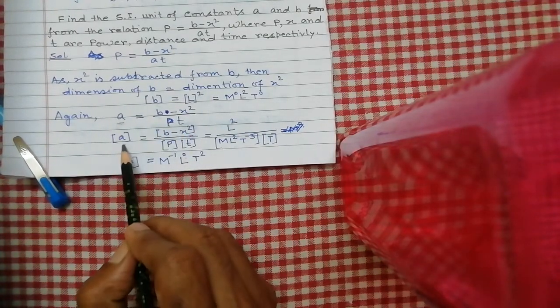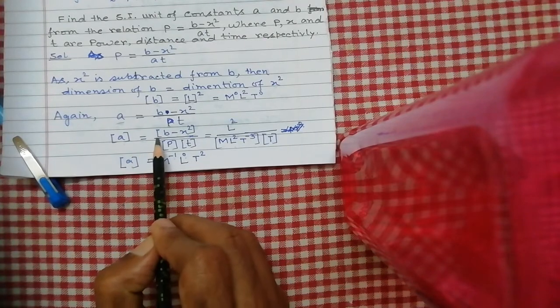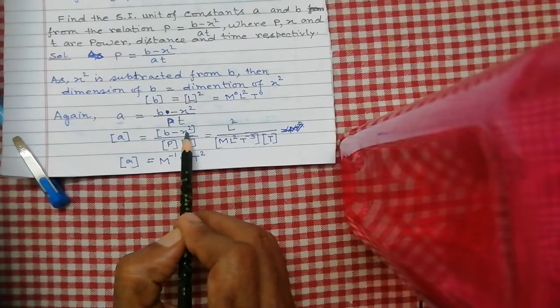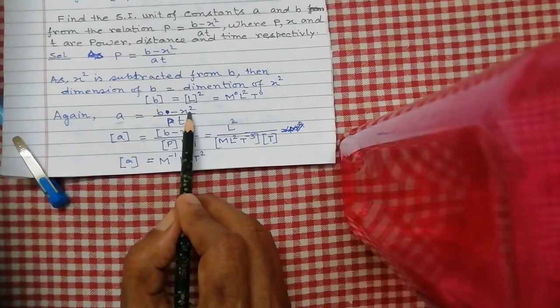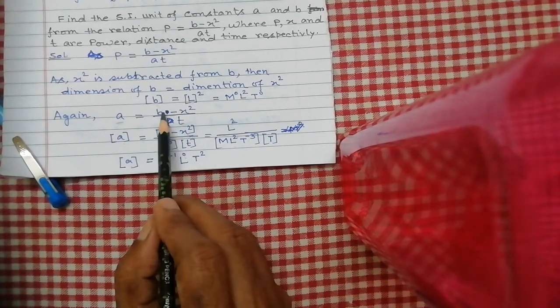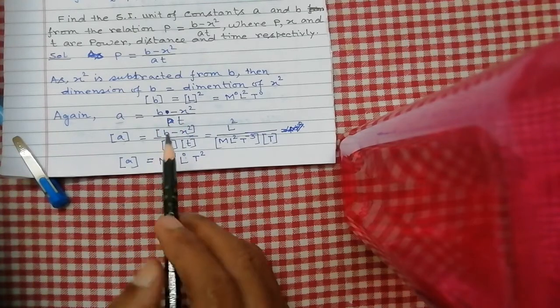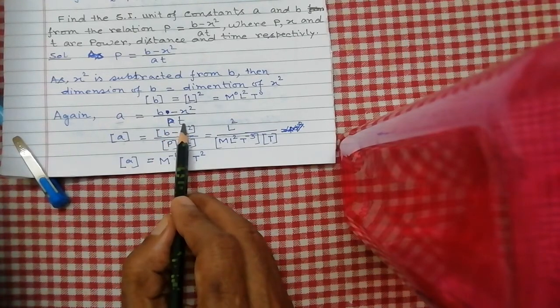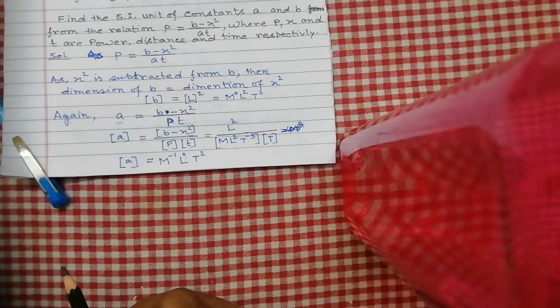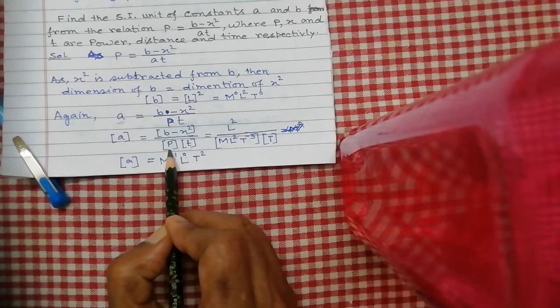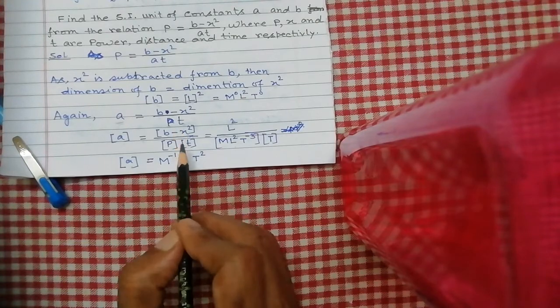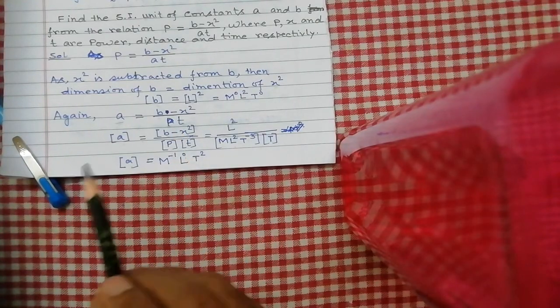So the dimension of A is equal to the dimension of the whole B minus x square, because both B and x square have the same dimension since they are in subtraction form. But in the denominator, P and T are in multiplication form, so you take the dimension of P and the dimension of T individually.